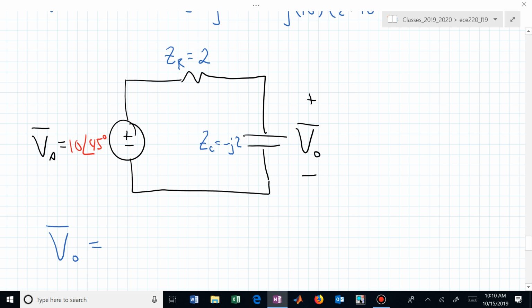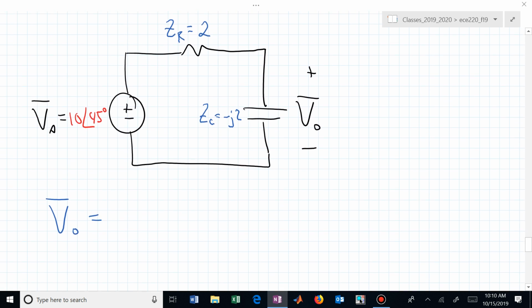That means we would have for V sub 0 bar, that would be the impedance that we're trying to find relative to the voltage. We now have Z sub C over Z sub R plus Z sub C times V sub S bar.